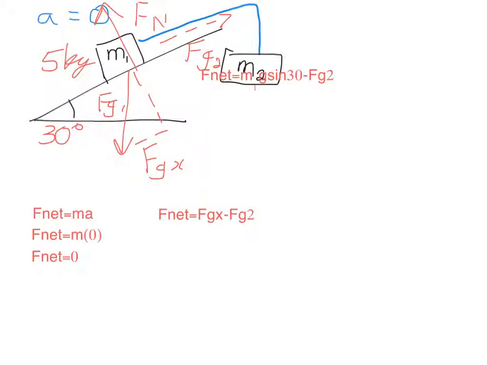Brand new equation: FNet equals mass 1 times gravity times the sine, in this case, of 30 degrees, minus FG2.